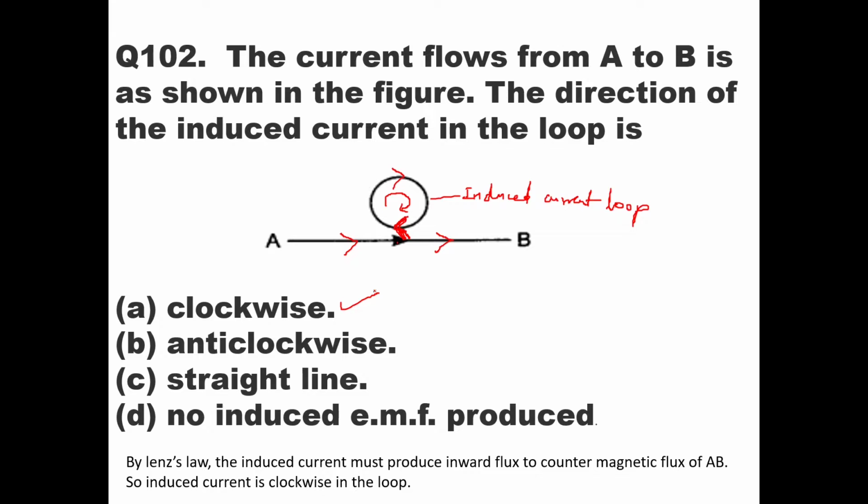That means the direction of the induced quantity, whether current or EMF, will be just opposite to the very cause of it. If a current flowing through a conductor is inducing another current, that induced current will have a direction opposite to the original current. This is according to Lenz's law: the direction has to oppose the very cause producing it. Then we'll go to the next question.